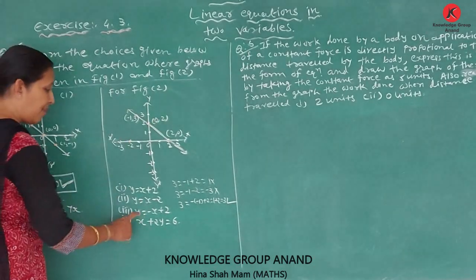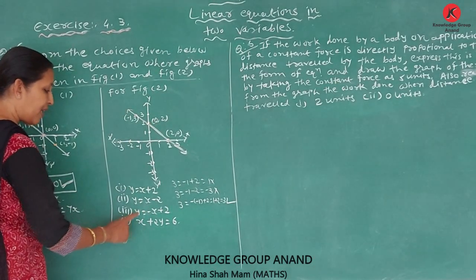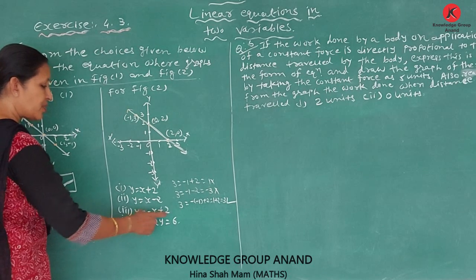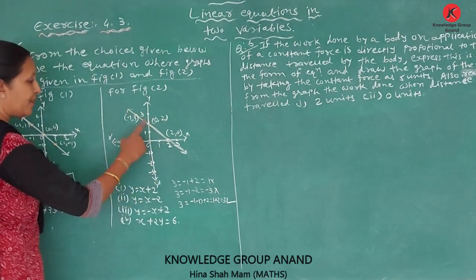And (0, 2): x is equal to 0 and y is 2, 2 is equal to 0 plus 2, which is 2. It is valid for all 3 plotted points.